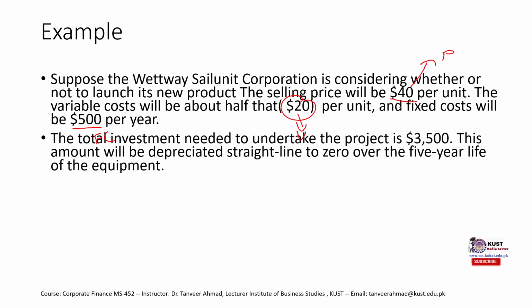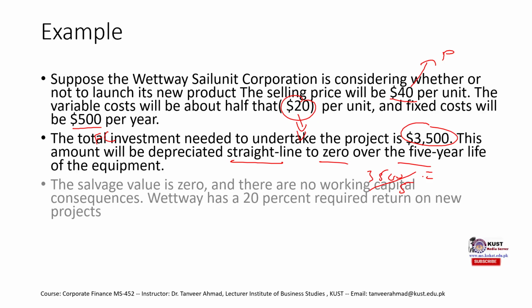The total investment would be 3,500. This amount would be depreciated using the straight line method to 0 over 5 years. So our depreciation would be 3,500 divided by 5, and the salvage value would be 0. There would be no working capital and a 20% required rate of return.